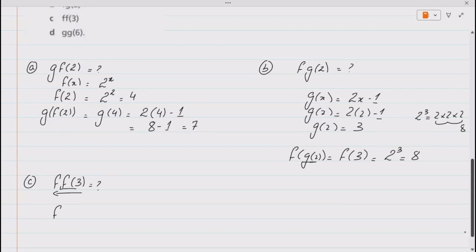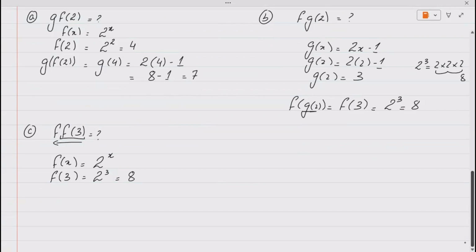So first we have to find f of 3. f of x is 2 to the power x, which means f of 3 is 2 to the power 3. 2 to the power 3 is 8. Now we have to find f of f of 3, and this f of 3 we already found, it is 8. So actually we have to find f of 8.